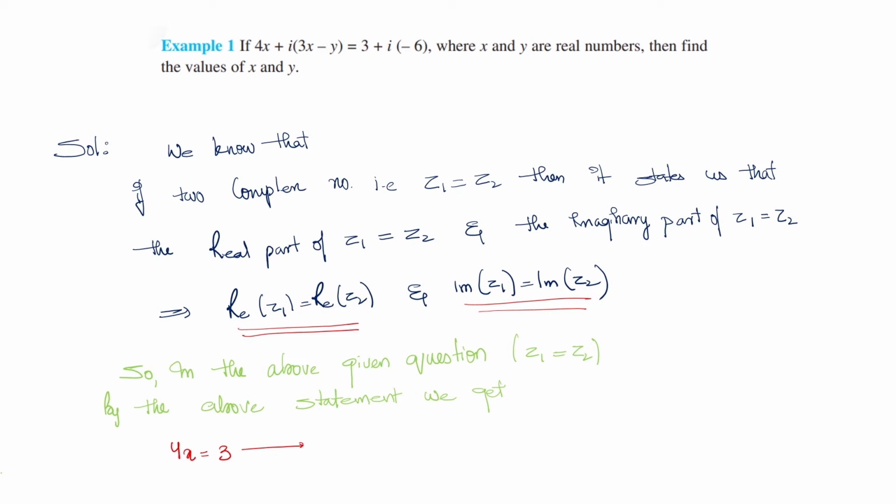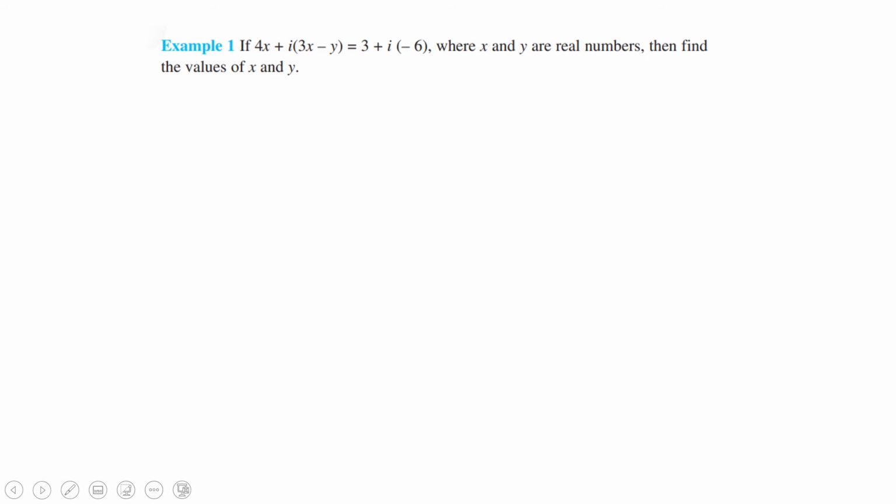So we got the real part. Now we have to get the imaginary part. So that is 3x minus y is equal to minus 6. Mark it as the second equation. Now I'll clear this so I could explain more.